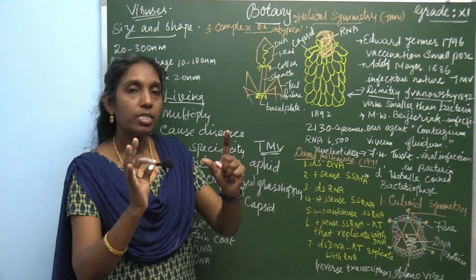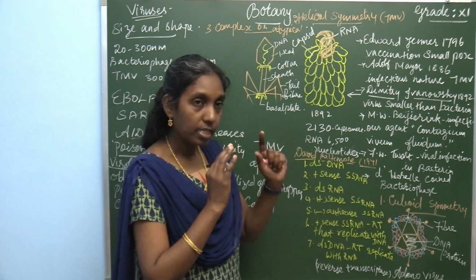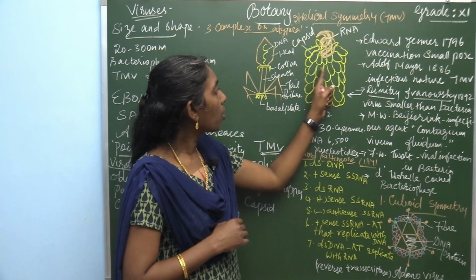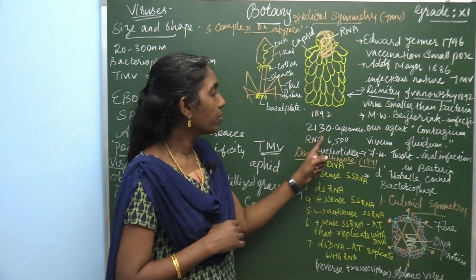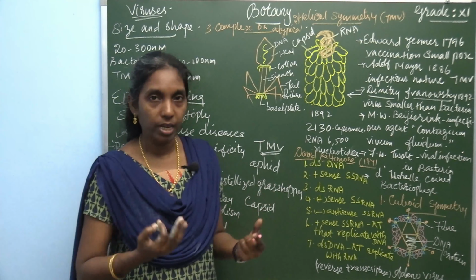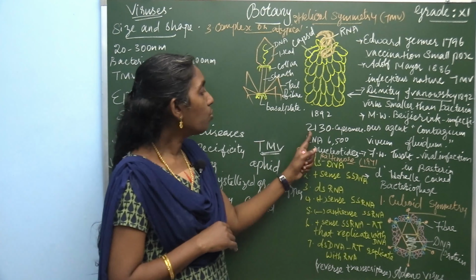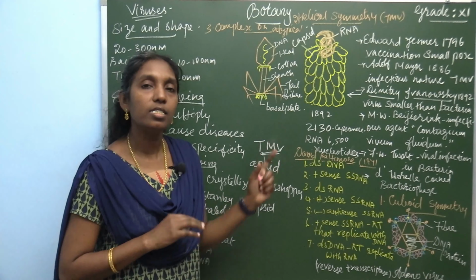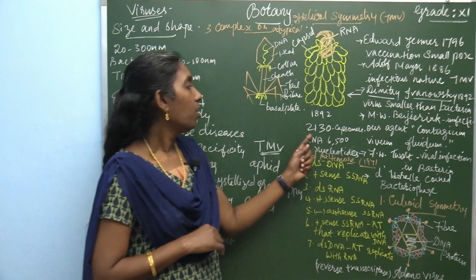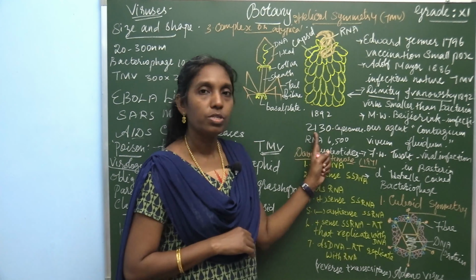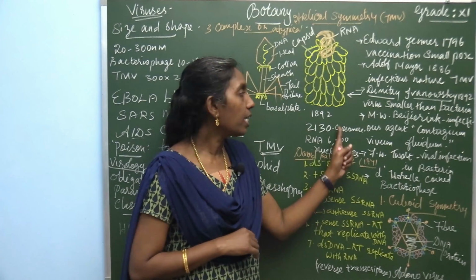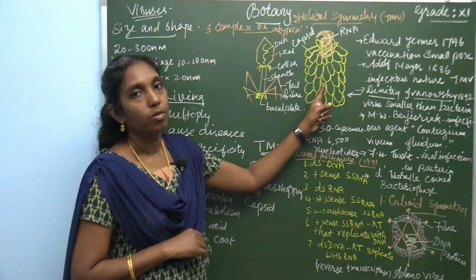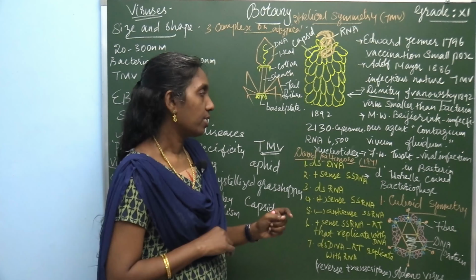This capsid contains a number of subunits, which are known as capsomeres. There are 2130 capsomeres present in the tobacco mosaic virus. One word question: 2130 capsomeres are present in the tobacco mosaic virus.